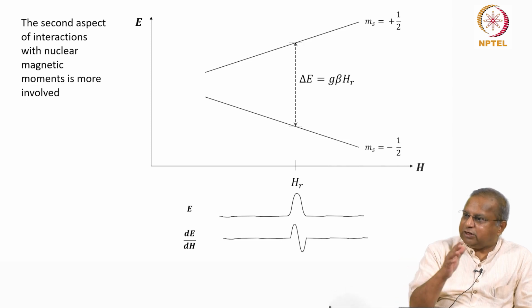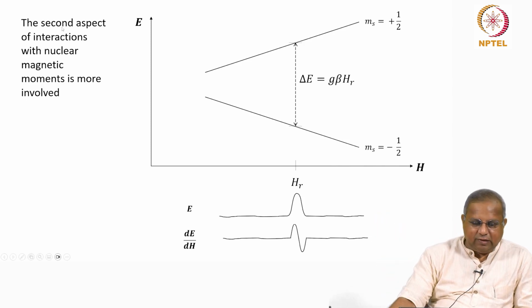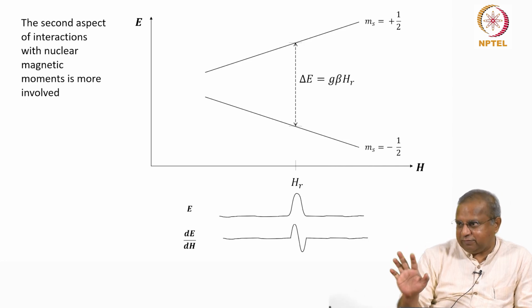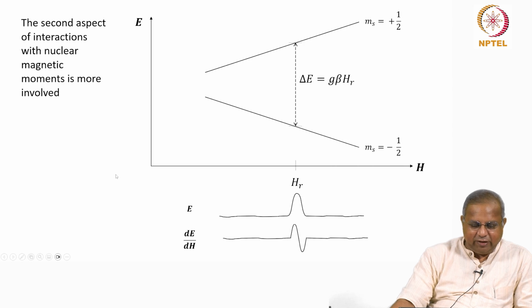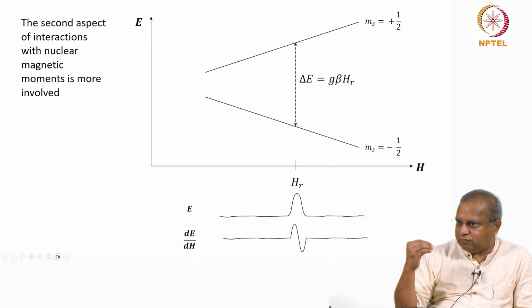This is variation with H. This is the energy level. This is not delta E. This is energy level. Energy level variation with the magnetic field strength applied is decreasing in this way if the electron has a negative spin value, and increasing if it has a positive spin value. At the resonance, whatever the difference is between this and this, it goes from the lower energy.